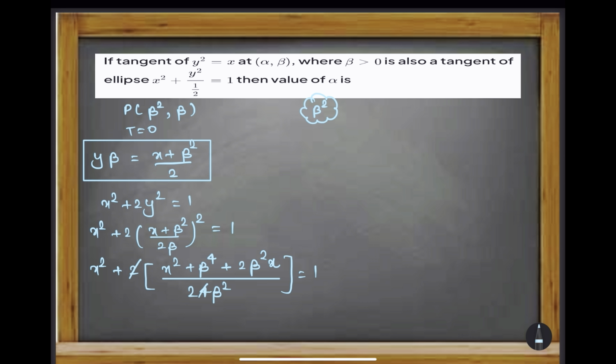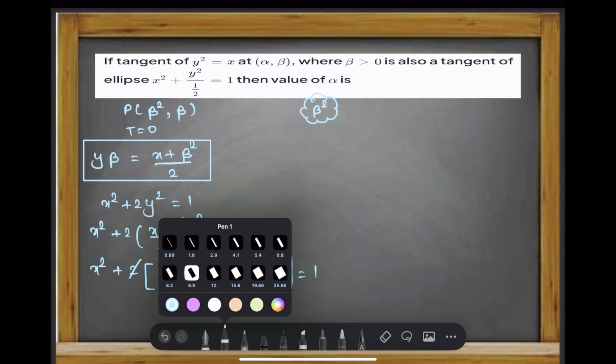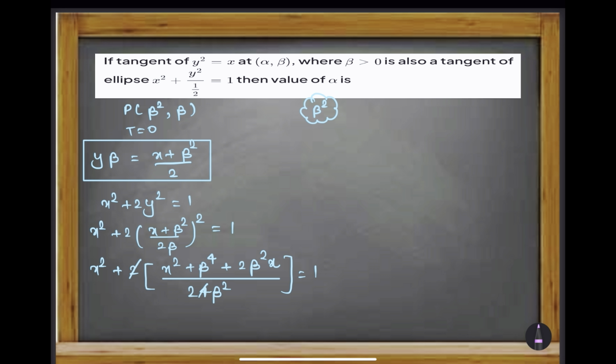Now I'll multiply both sides by 2 beta square. So the updated equation looks like 2 beta square x square plus x square plus beta power 4 plus 2 beta square x minus 2 beta square equals 0. Okay, so we got this situation.